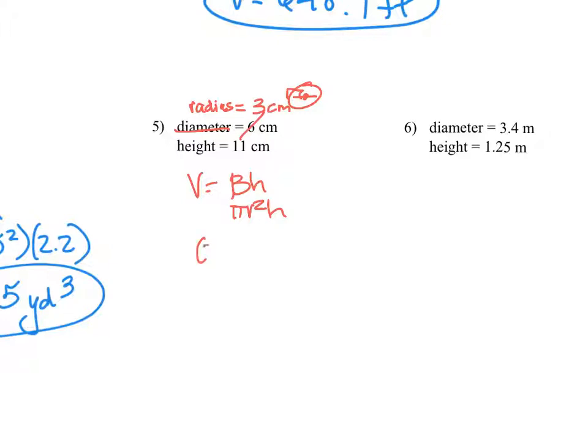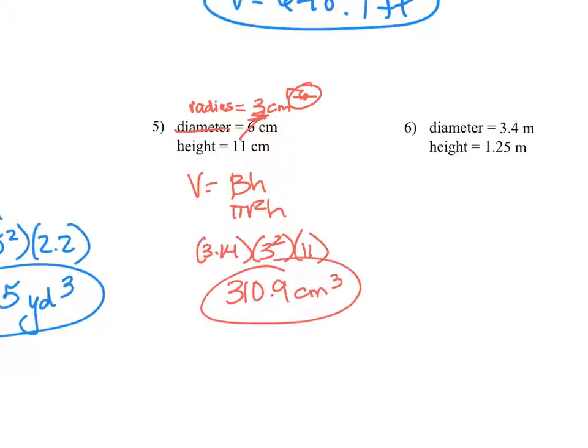So I've got pi, 3.14, times the radius, which is 3, not 6. 6 was my diameter. So 3 squared, and my height is 11. So 3.14 times 3 squared times 11. Then you get 310.86, so I'm just going to do 310.9 centimeters cubed.